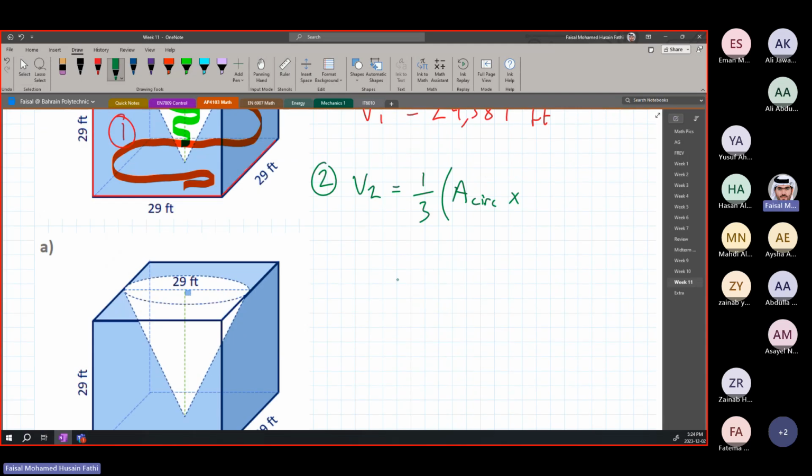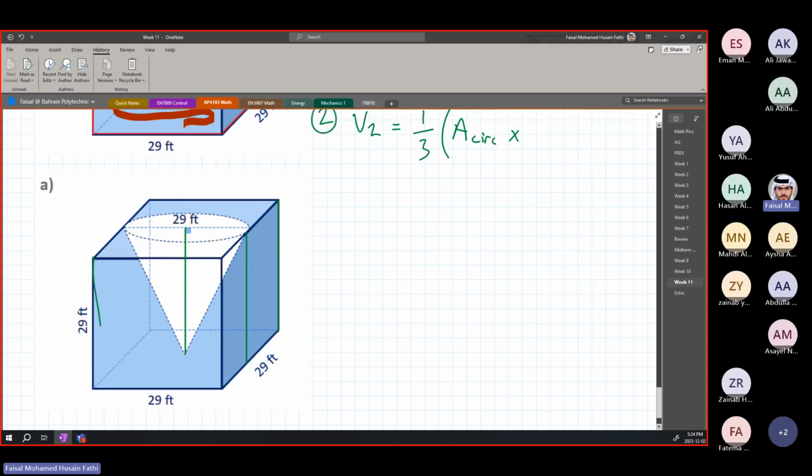Okay, so if you notice here, this is the height from here to the bottom. This is the same as this height, the same as any straight line from the top to the bottom. What is the dimension there? This height, 29 feet. So the H here is 29 feet.